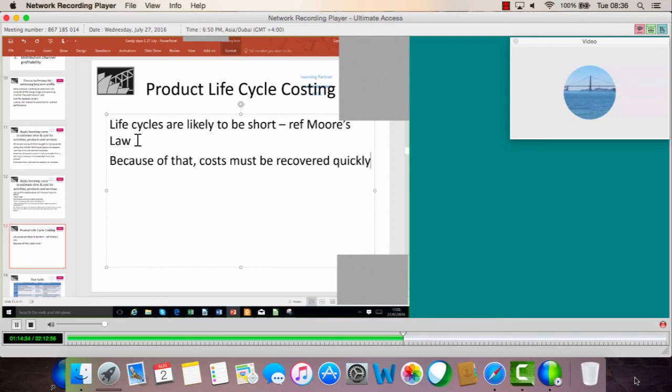These are costs that we are incurring, and investment appraisal should be over short time periods.